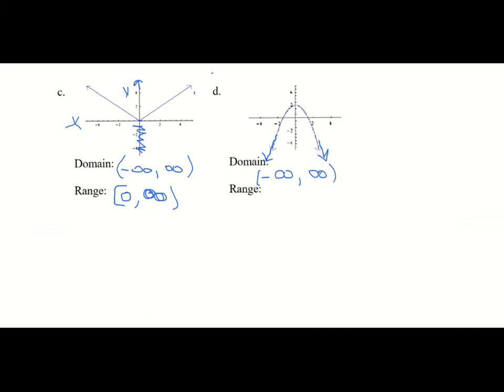And then your range, if you notice, it covers all the way down here, but it doesn't have any of this top part. So it looks like it goes all the way up to 2, but then it goes down to negative infinity because it goes down to those negatives. And remember, you want to put the negatives first and then the positives. So it would be a parenthesis, negative infinity to positive 2.